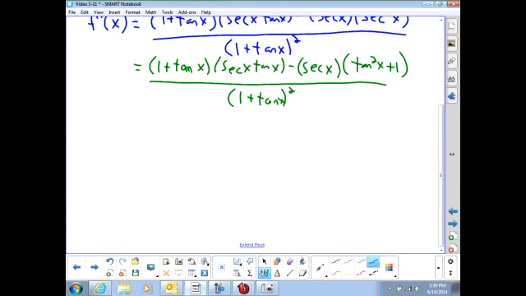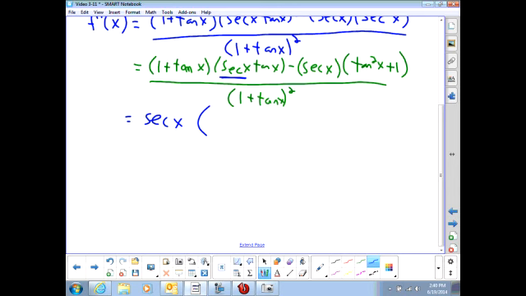Now, in the numerator, we have two separate terms. We have the two sets of parentheses multiplied first. That's a term. When things are being multiplied together, they're considered a term. And then we have the second set of two parentheses. That's a term. Well, each of those terms has a secant x that we can pull out. So we'll pull out our secant x. In this first term, we'll be left with a tan x times a 1 plus tan x.